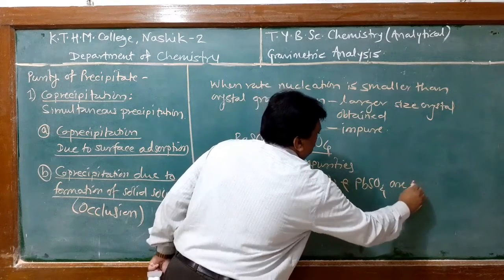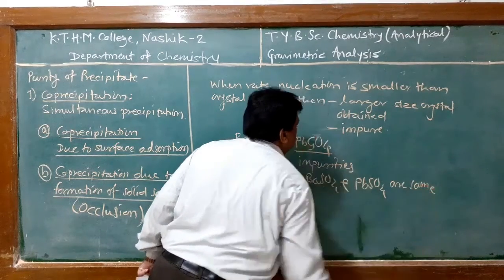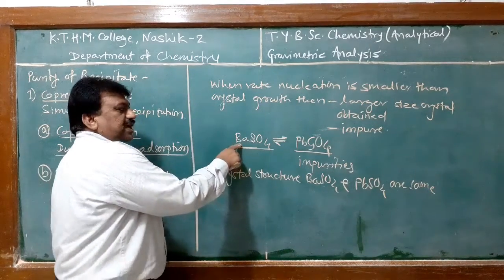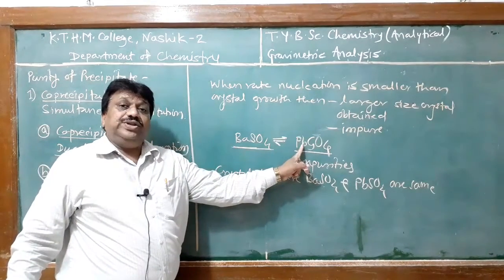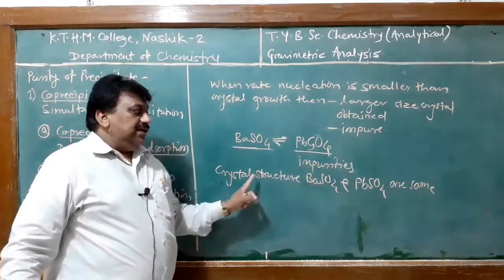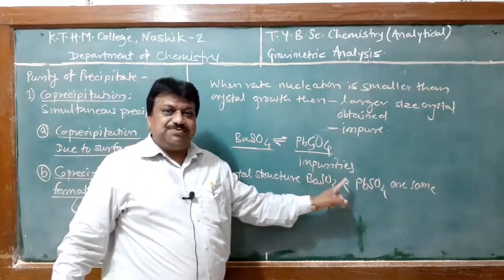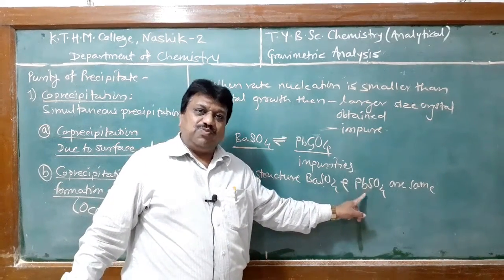Therefore, sometimes the position of barium in the crystal is taken by the lead ion during the building of the crystal, and here crystal growth takes place and formation of crystal is possible.